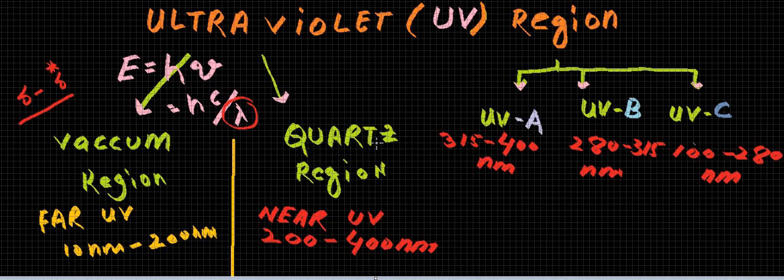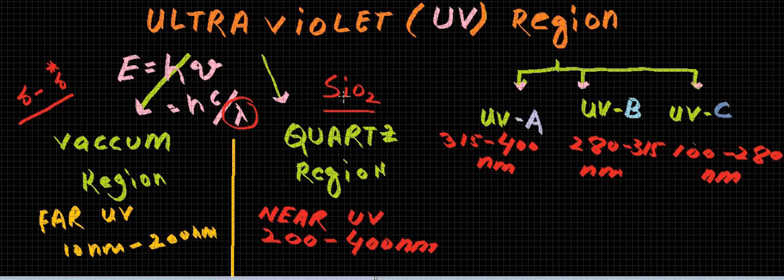The second region is the quartz region, which starts from 200 nanometers to 400 nanometers, and that is the wavelength range generally used to study most of the organic molecules as well as metal complexes.